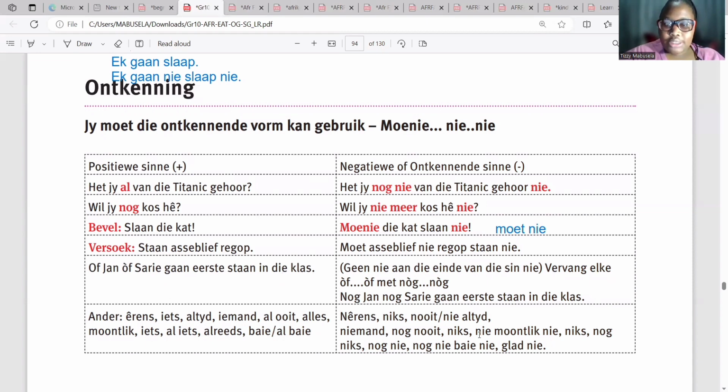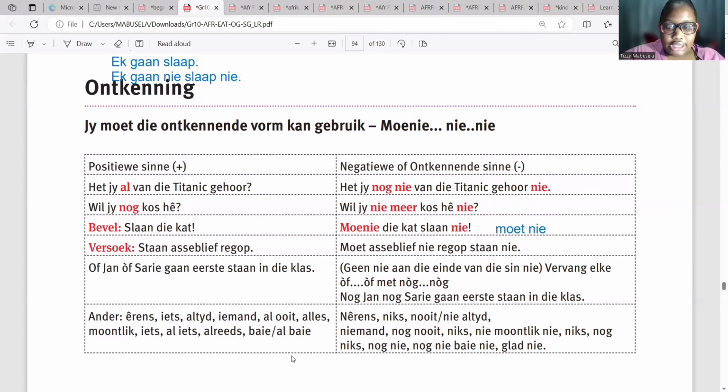Because remember, you must always have a double. If you have iets, it will be niks nie. Altyd, nooit, of nie altyd nie. Iemand, niemand nie. Al ooit, nog nooit nie. Alles, niks nie. Moontlik, nie moontlik nie.